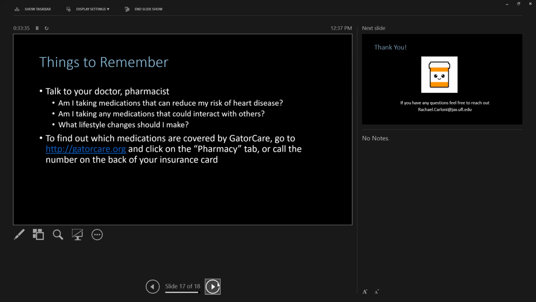But if you go to a CVS and a Walgreens and maybe sometimes Walmart, none of those three pharmacies are aware of what medications you're taking outside of their chain. So it's very hard to figure out drug interactions, duplications, things like that, if your pharmacist doesn't have a full picture of everything you're taking. I know it's sometimes hard, especially with drug shortages, but we encourage you to try to stick with one pharmacy for completeness of care and for safety.